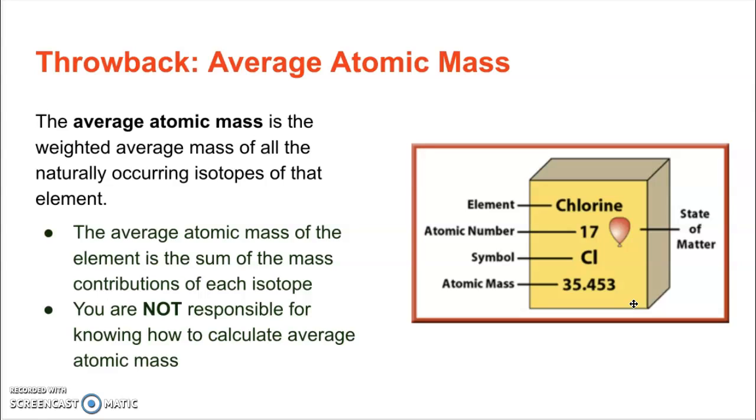You guys do not need to know how to calculate this average. Okay, but you need to know that this number here, your average atomic mass, is not the same as your mass number. Okay, mass number is a whole number. It is protons plus neutrons. Average atomic mass is a decimal number based off of all of the mass numbers of each isotope.